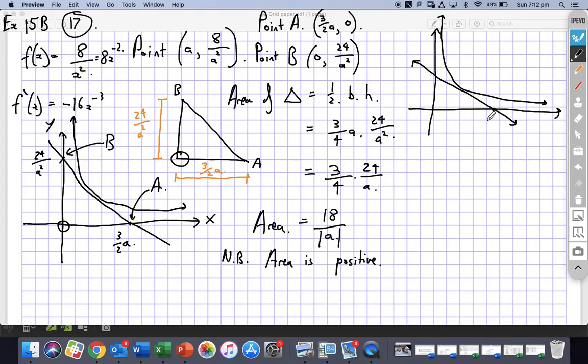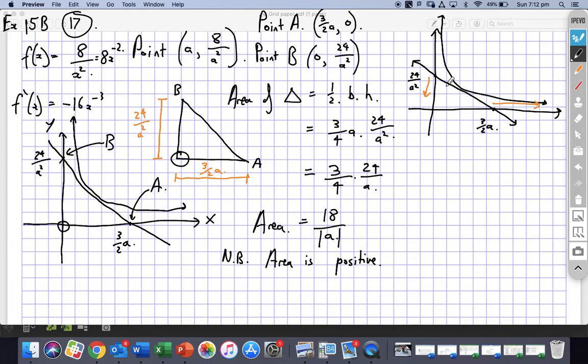If this is 3 on 2a, but the a value gets really big, then this point here is going to move that way, and this point here is going to be coming down. It's going to be getting smaller and smaller. Eventually you end up with a triangle that's not a triangle, it's a flat line.